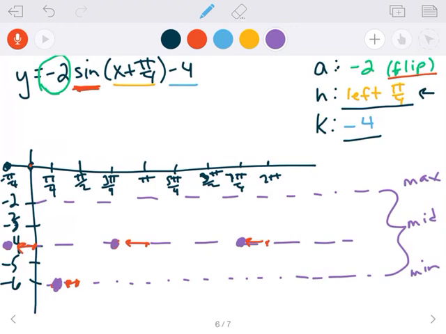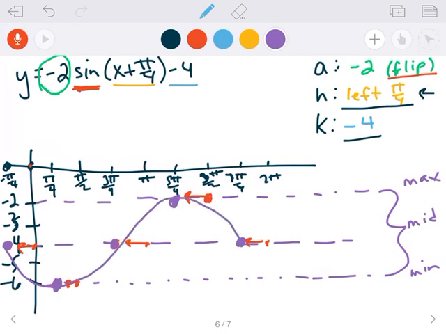And then between our last 2 points, we would have a high point right in the middle of those, or you could think about it as normally it would be at 3 pi over 2, shifted back pi over 4, puts it at 5 pi over 4. And then we just draw in our points. So we have our 5 key points.